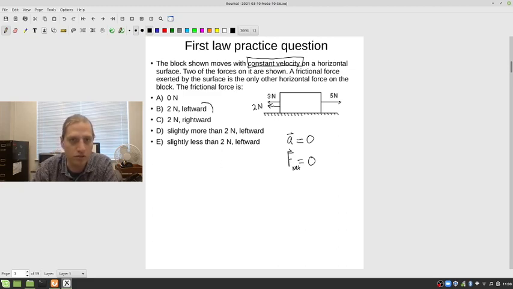So 2 newtons leftward, done. Okay, so the key thing to remember is that constant velocity does not mean there's a constant force. It means there's 0 net force. And if you have any applied forces at all, you have to apply forces in the other direction that will cancel them out.